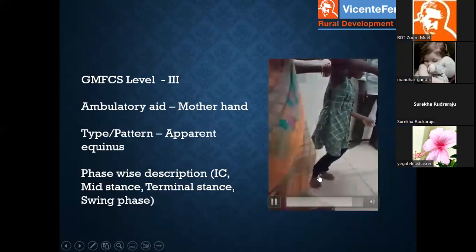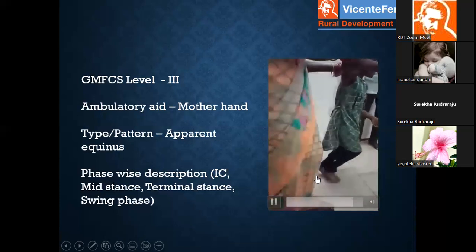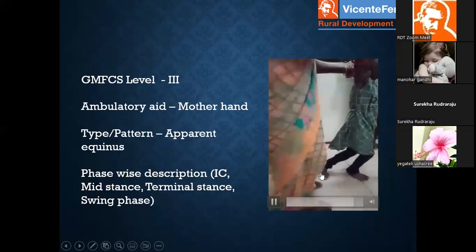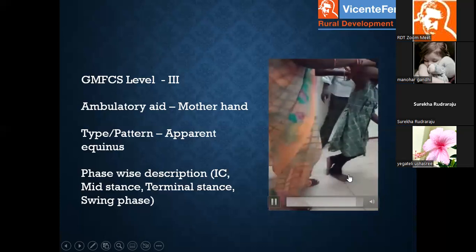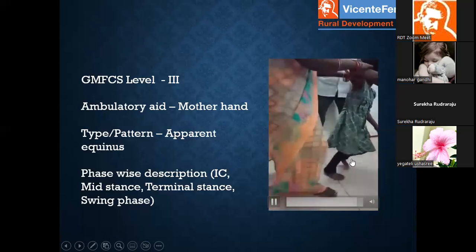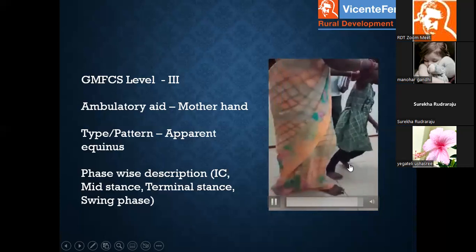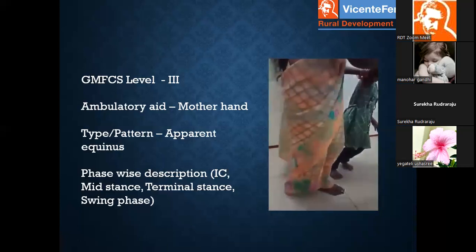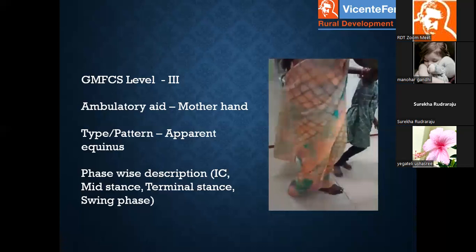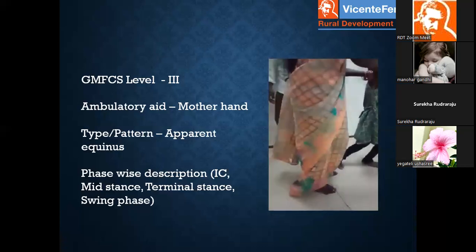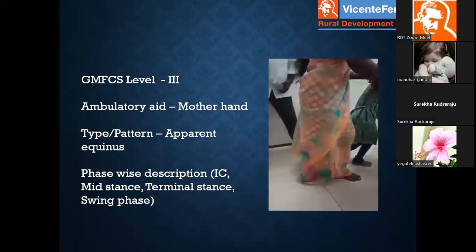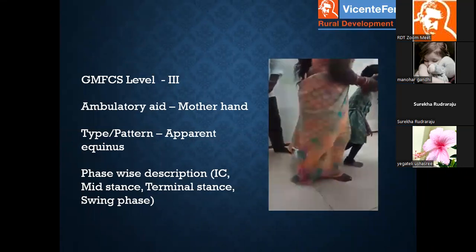It's still having a plantar flexion. Yeah. So there is an asymmetric spastic diplegia. In the left, there is apparent equinus. In the right, there is crouch. Is it clear? Yes.